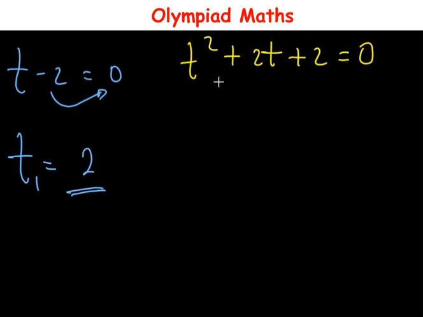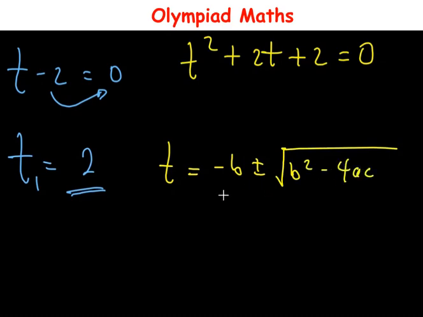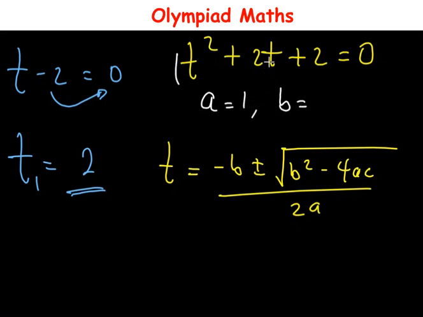The formula is given by t is equal to minus b plus or minus square root of b squared minus 4ac, all over 2a. In this equation, the value of a is the coefficient of t squared, which is 1. The value of b is the coefficient of t, which is plus 2, while the constant c is plus 2.